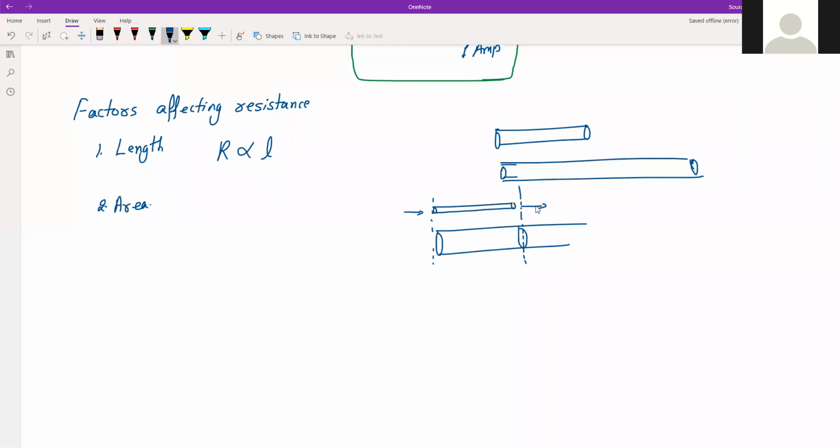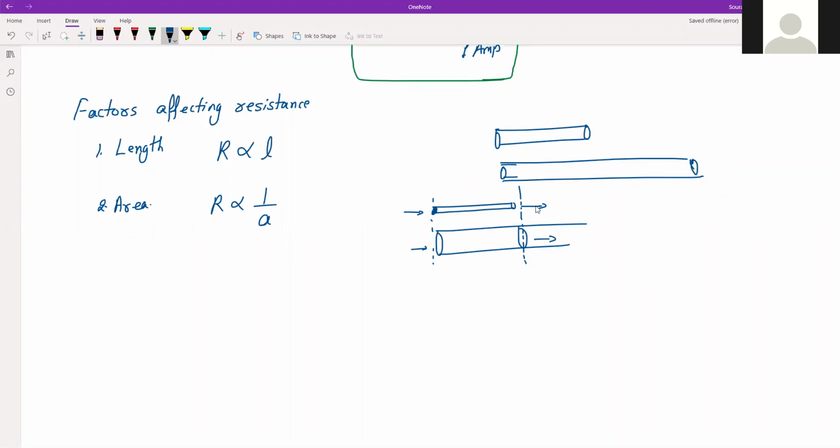Which path will have more opposition to that flow of electrons? Obviously the thinner one. Thinner means its area of cross section is less. So we say that R is inversely proportional to the area of cross section or thickness. And it also depends on the nature.